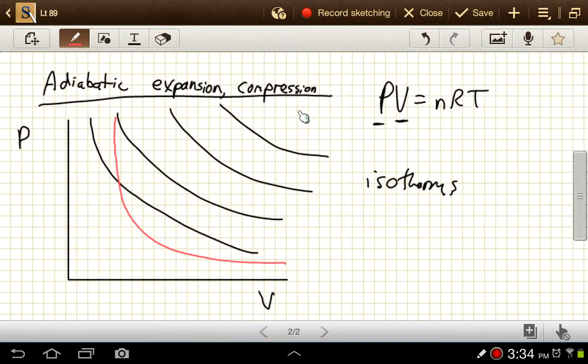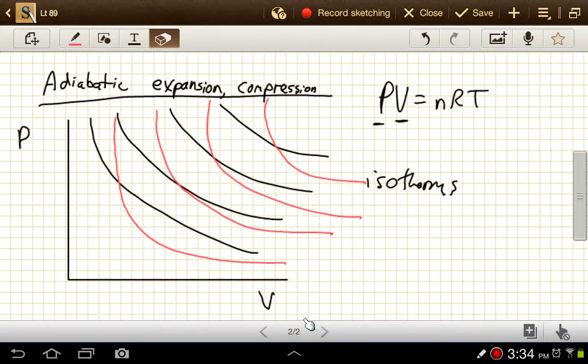So we might see something like this, where we're crossing isotherms. Now, one thing that's worth noting here is that each one of these adiabatic expansion graphs will cross over each isotherm exactly once. So maybe I should be a little more careful in drawing this one. It doesn't change pressure quite as rapidly as I had originally shown, because that would have it crossing that isotherm. Oh, no, I guess that was okay. It was a different isotherm.